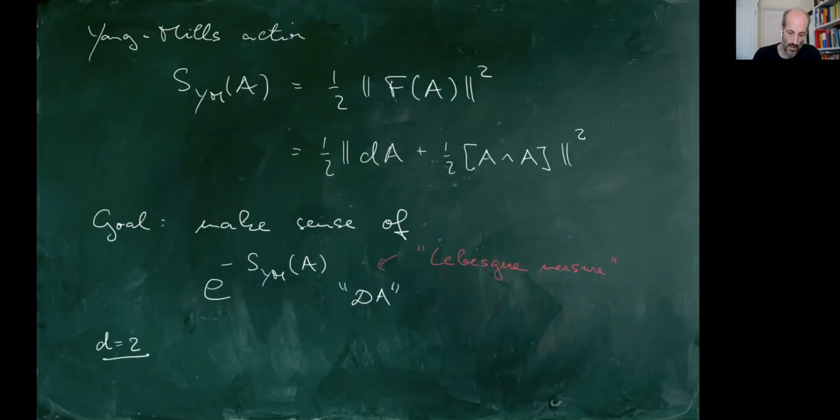Because you see, what is the Yang-Mills action? Well, it's this F of A squared. But F of A, how did we define it? We defined it as just the holonomy around a small loop. We just looked at the holonomy around a very small loop.